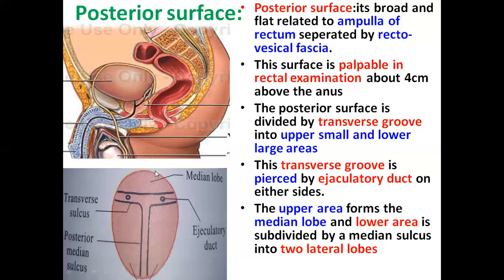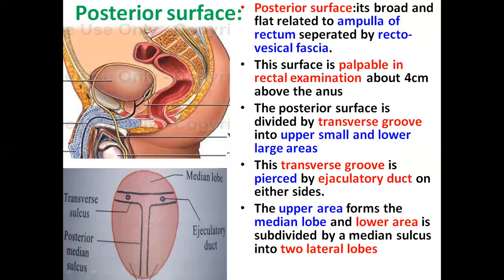Both of them join to form the ejaculatory duct, and this ejaculatory duct opens in the prostatic urethra. This is visible from the posterior aspect of the prostate gland. So, in the posterior aspect, we are finding the transverse groove, where two ejaculatory ducts are opening.